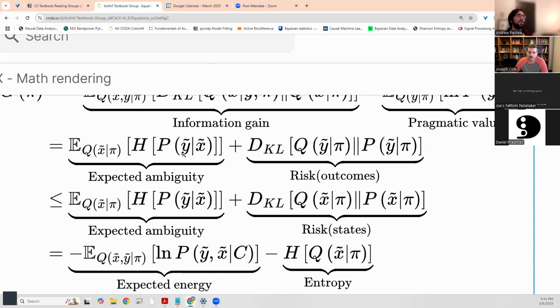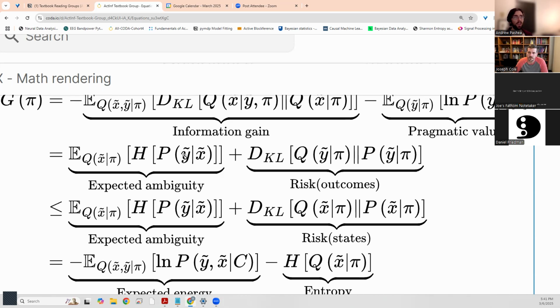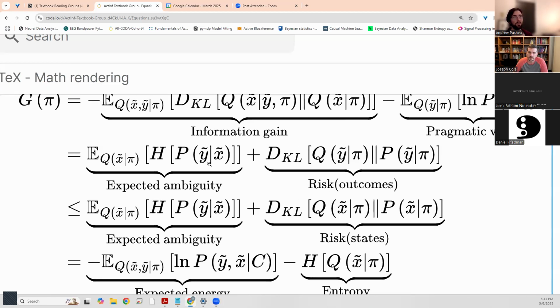If I expect that it will be light outside because I believe it's daytime, and I expect to see that it's dark outside because I believe that it is nighttime, then we have this nice one-to-one discrete mapping. It's light out, it must be day. It's dark out, it must be night. However, if we expect more of a one-to-many mapping, such as, it's dark outside, it could be night, or it could be a solar eclipse right now, and I'm just not sure which.